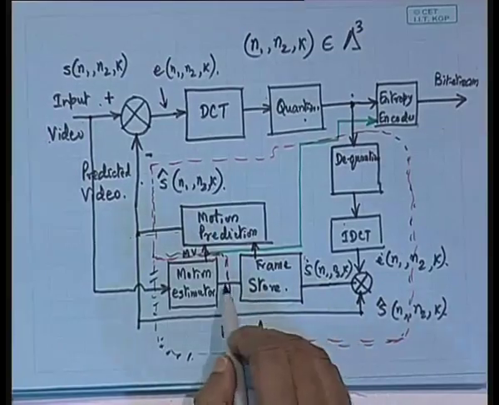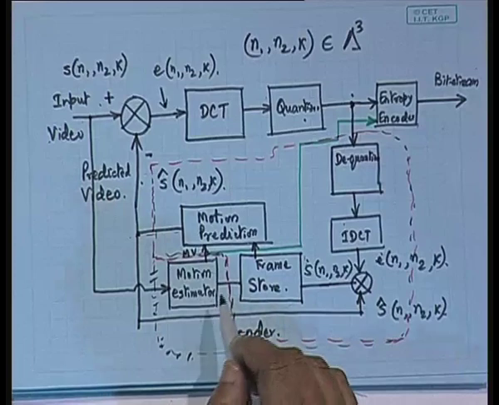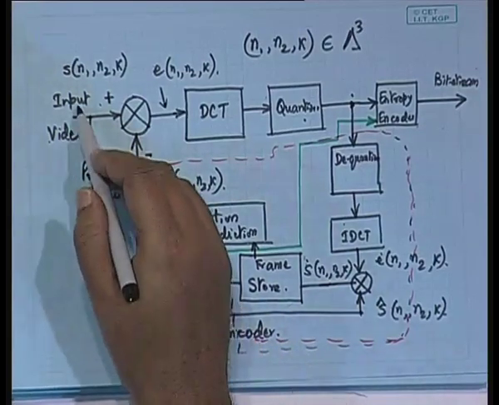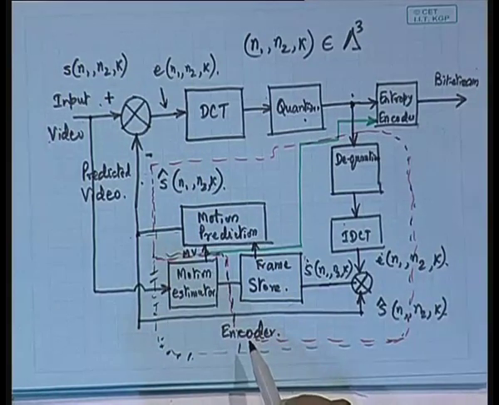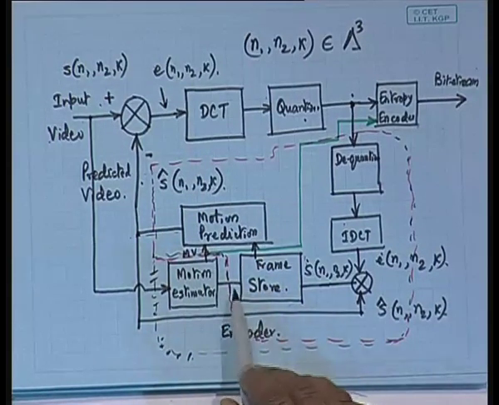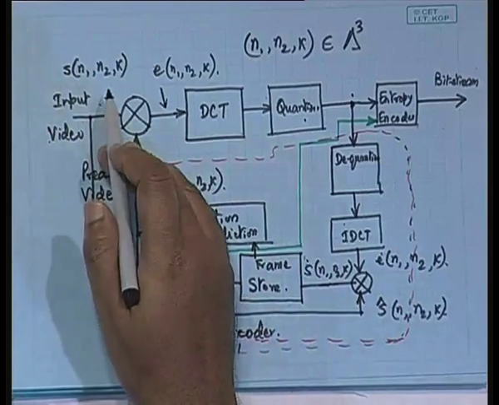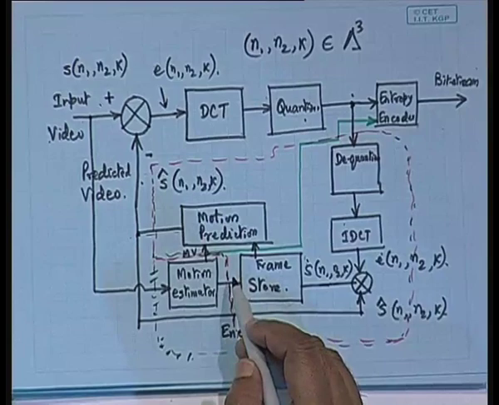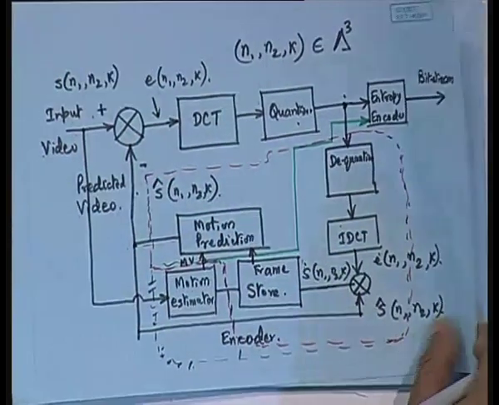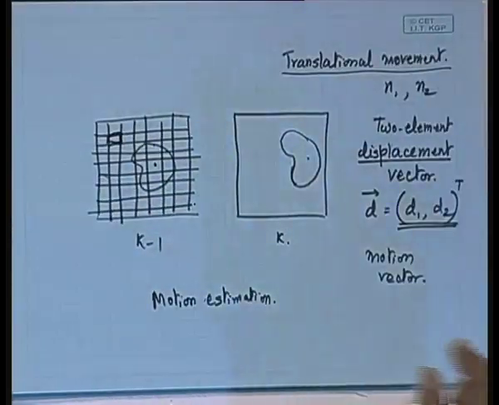In the block diagram, the image we obtain from the frame store is the past reference frame, whereas the input video is called the candidate frame. The candidate frame is the one we are going to encode, and the past frame is what we use as a reference. So, the two terms we use are candidate and reference.